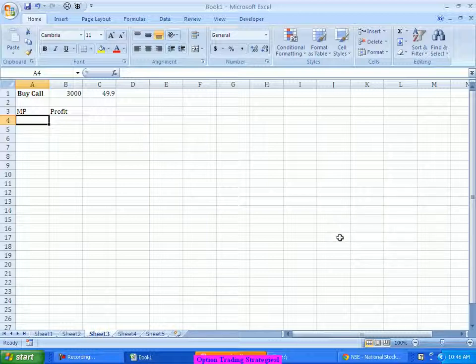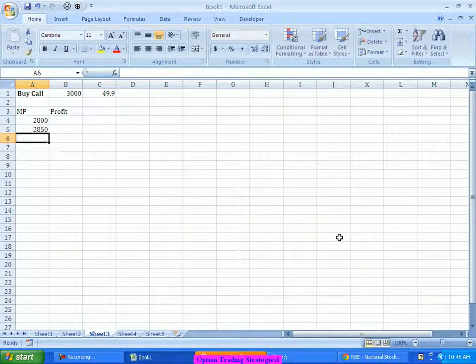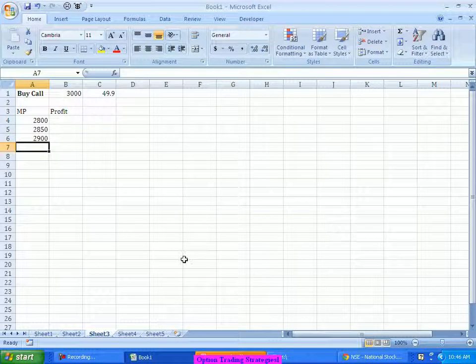Right from 2,800, 2,850, 2,900, like this, I assume the stock price goes to any of these numbers, some 200 below, 200 above. Because we are buying a call, we are paying 49.9 to the other party at any cost. So the loss directly is to the extent of 49.9.